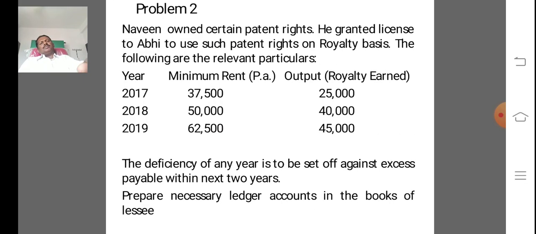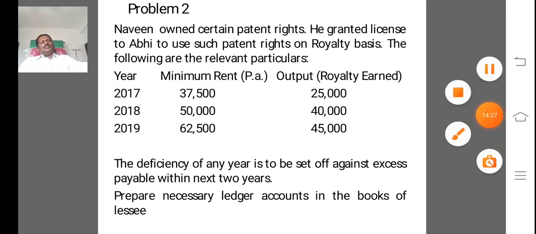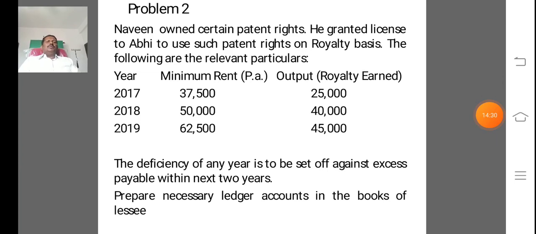So next, I am taking the second problem. Naveen owned certain patent rights. He granted license to Abhi to use such patent rights on royalty basis.